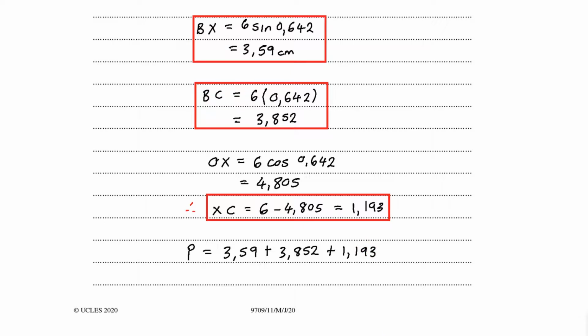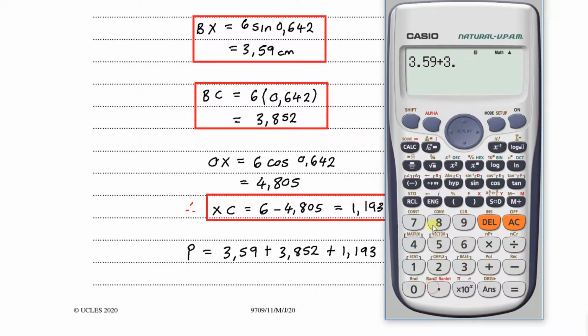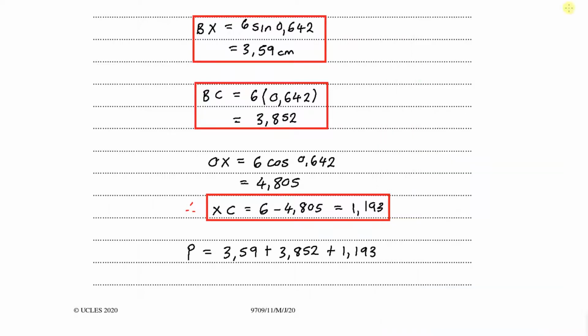So if we add the 3, we get P as 8.64. So P is 8.64, and that's in centimeters. And that's our answer here.